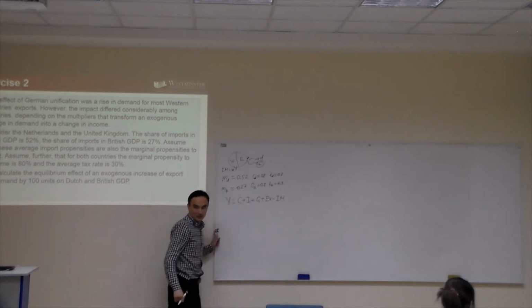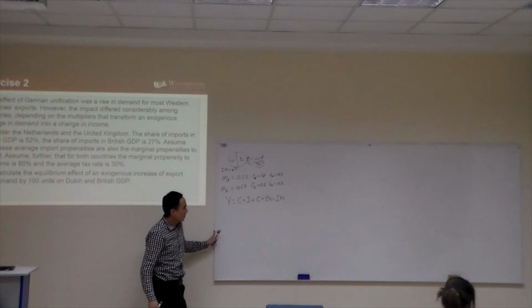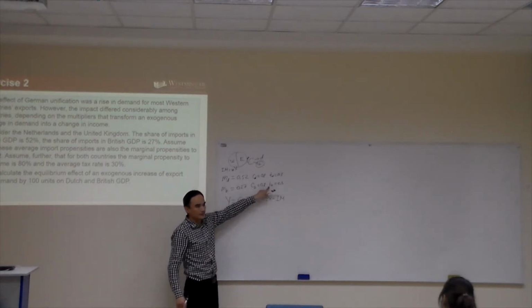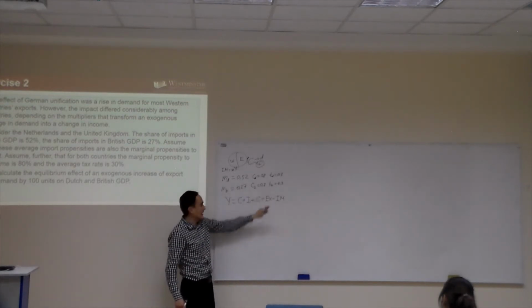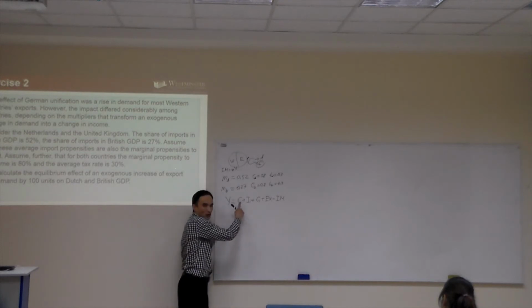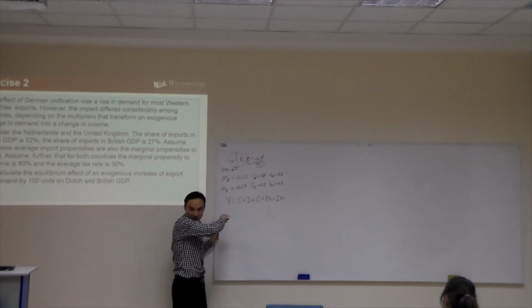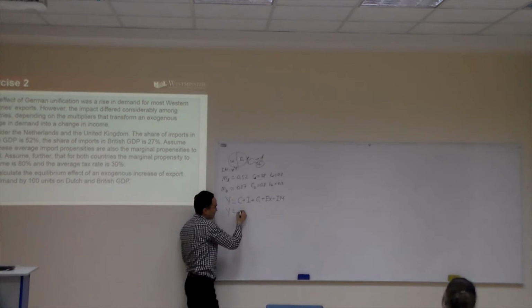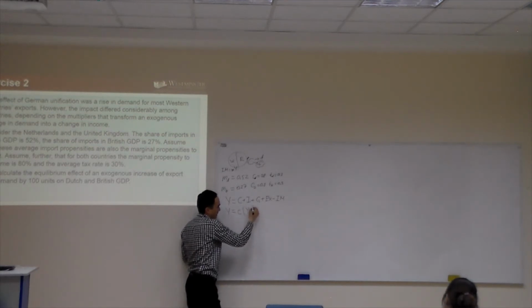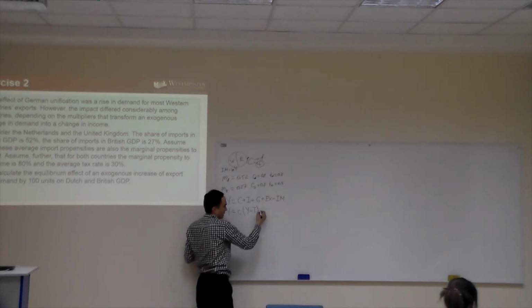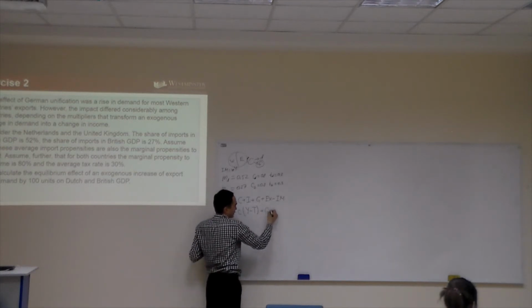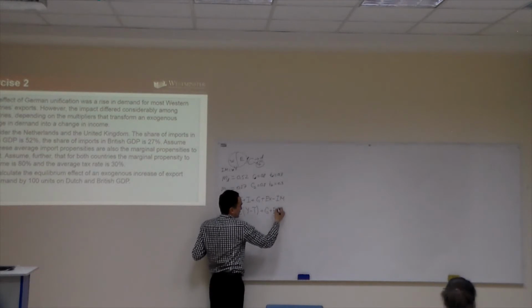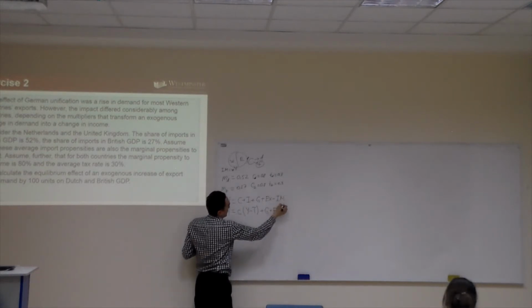I can write it like this, right? Then export. We have a tax rate, which means that now our consumption depends on disposable income. So our Y is equal to marginal propensity to consume from disposable income, after tax, plus government spending plus export. And what about our import?